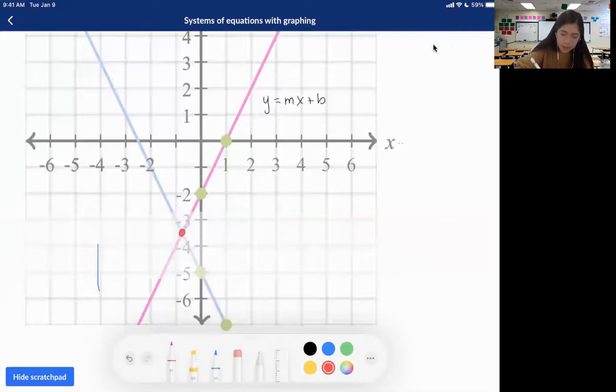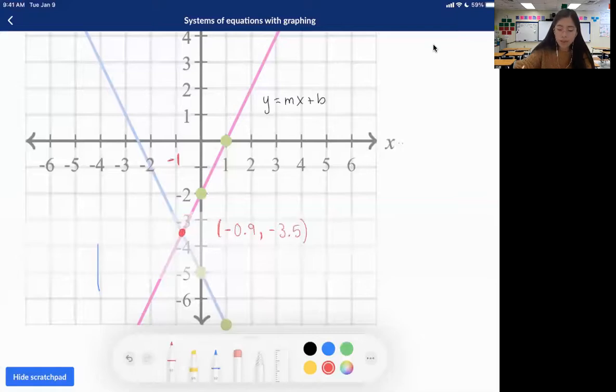It's a little bit less than negative 1, and it's a little bit past this negative 3. So if I had to estimate, I would say probably like negative 0.9, maybe, comma, negative 3.5. Like it's between the 3 and the 4.